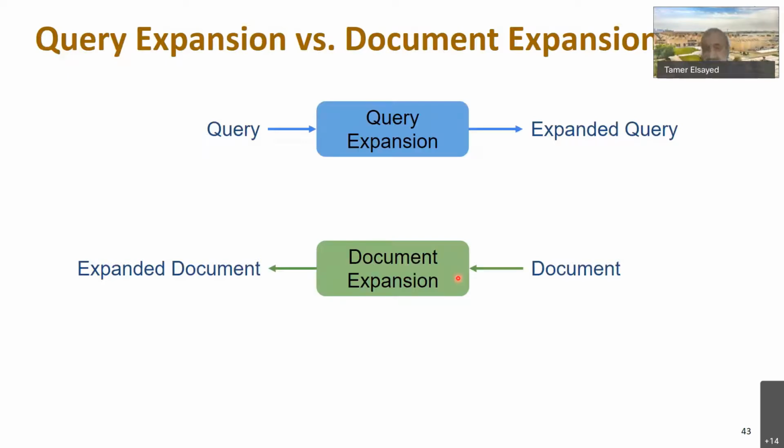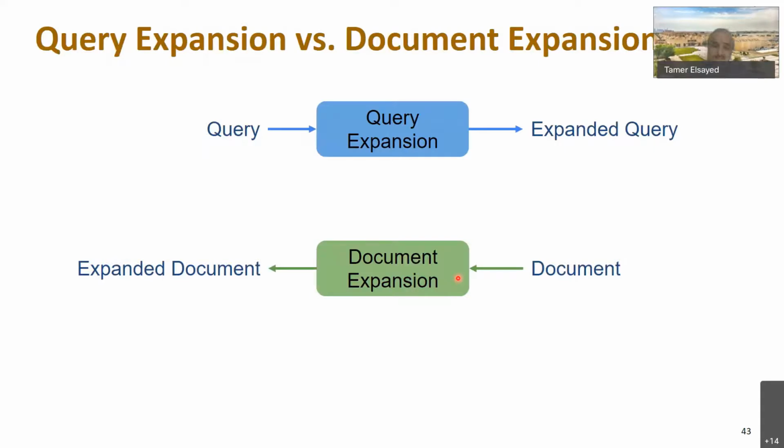That's why I say explicit expansion. We append them to the document as if they appeared in the original document, and then we index it. So this is different from smoothing, but good that you remember that we had something like this, though that's not exactly document expansion.